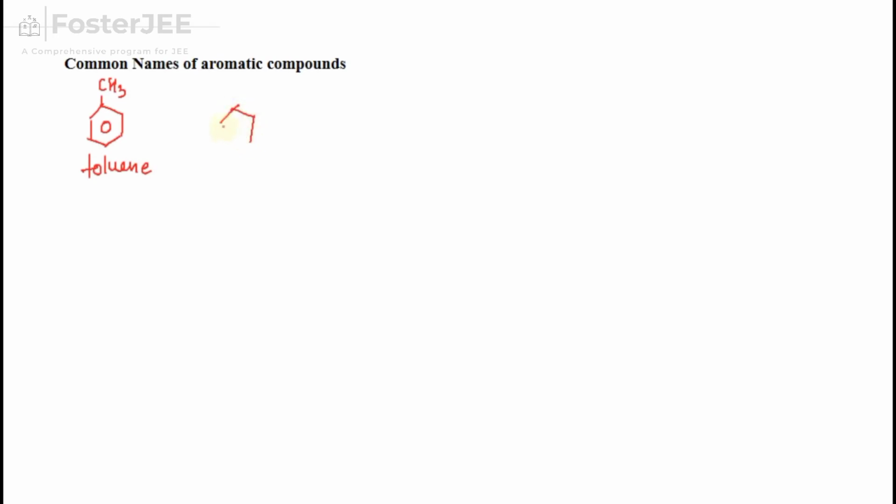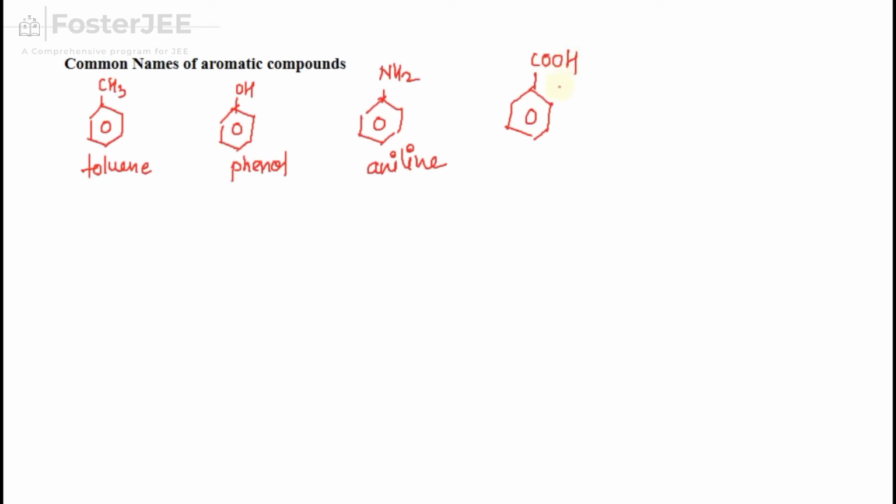If the benzene ring is substituted with a hydroxyl group, then the name is phenol. If it is substituted with an NH2 group, the name is aniline. And if it is substituted with a carboxylic acid, the name is benzoic acid.